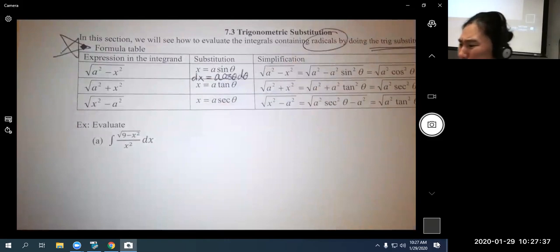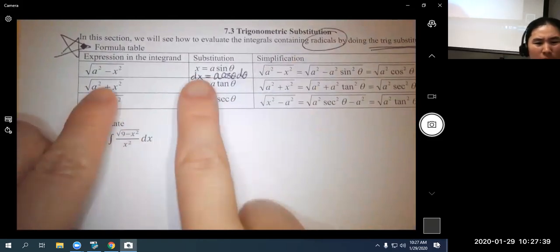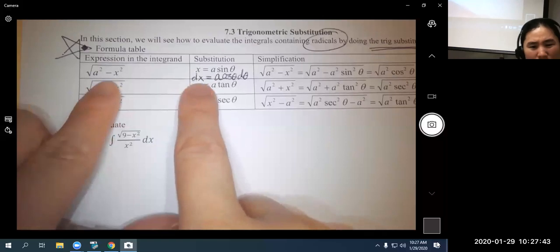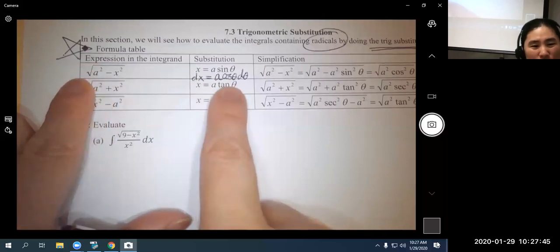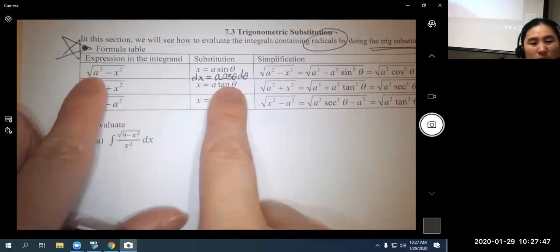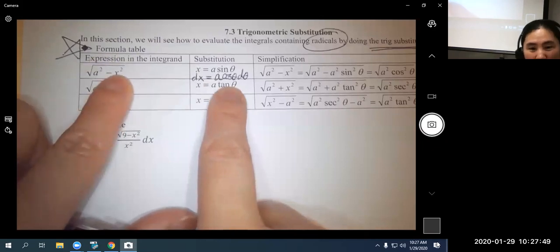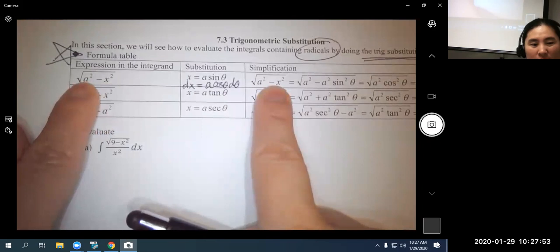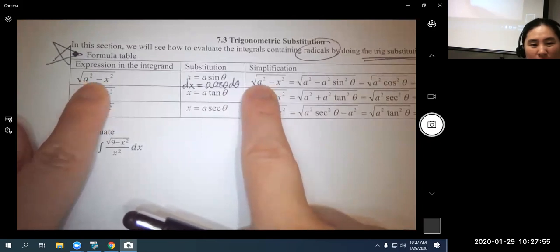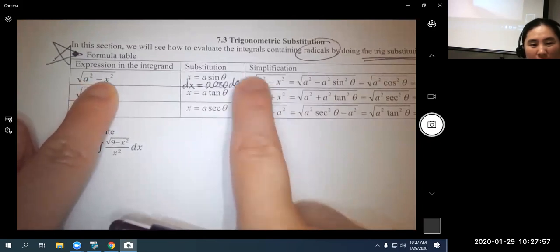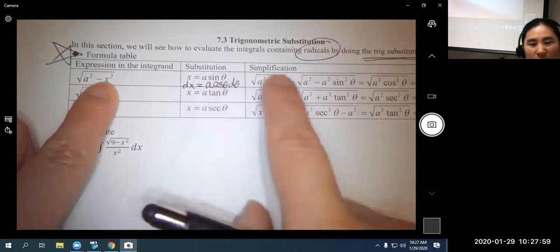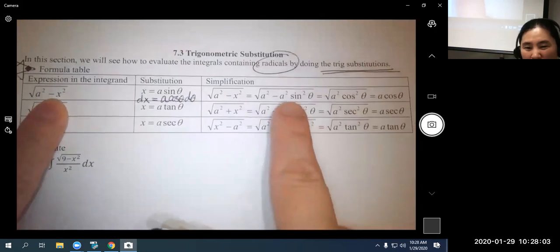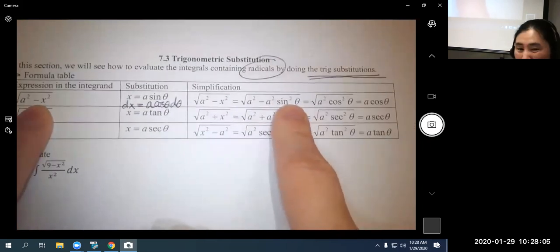All right, and because now we're changing from x to theta, we know dx, so we have to rewrite this radical in terms of theta. How? This is a simplification, guys. a squared is still a squared minus x squared, and if x equals a times sin theta, x squared should be a squared times sin of theta squared, right?